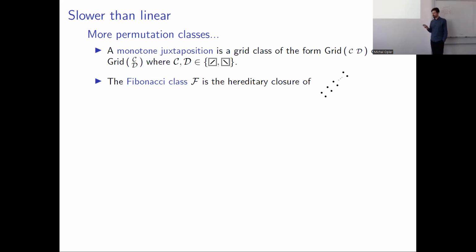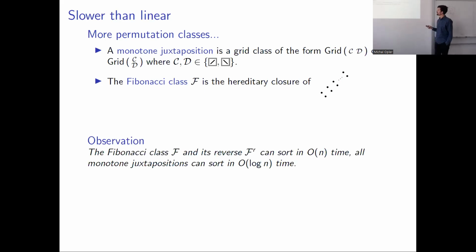Why is this class important? It has been studied before. It's the smallest exponential class of permutations. It was proved, I think by Martin Klazar, that if you have any class of permutations that for some n contains fewer permutations than the Fibonacci number, then it actually grows only polynomially. So this is the smallest you can get, the smallest base of the exponent, the golden ratio.